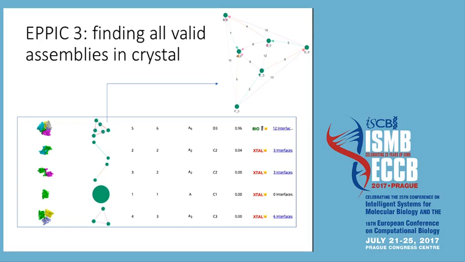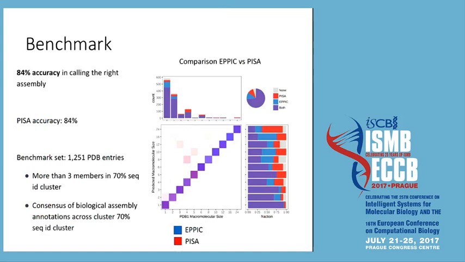So you get a full analysis of that crystal. You can also click on things here and get the full graphs of the interactions, with color-coded types of interactions. With that, we also did a benchmark and compared it to a very well-known method, PISA. The result was that we have an 84% accuracy in calling the right assembly.